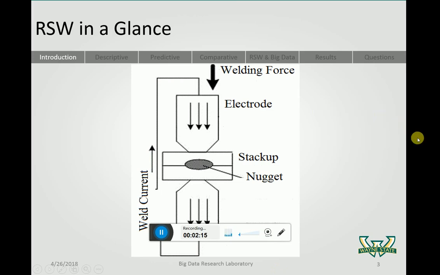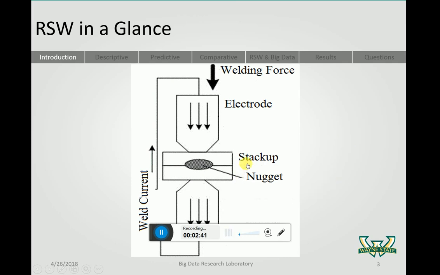A typical RSW process involves a stack-up. A stack-up is the combination of sheets, upper sheet and lower sheet, that should be welded by electricity flowing through the electrodes and by the force exerted by the electrodes.